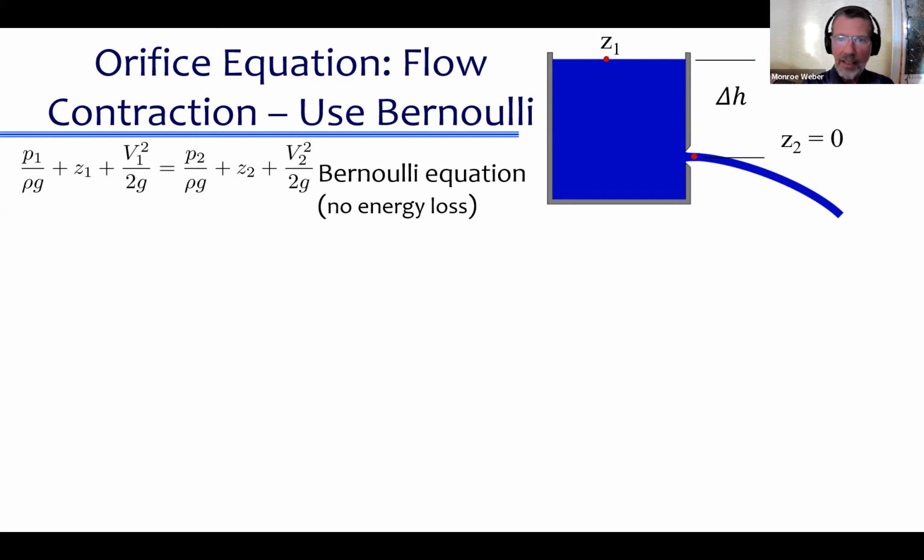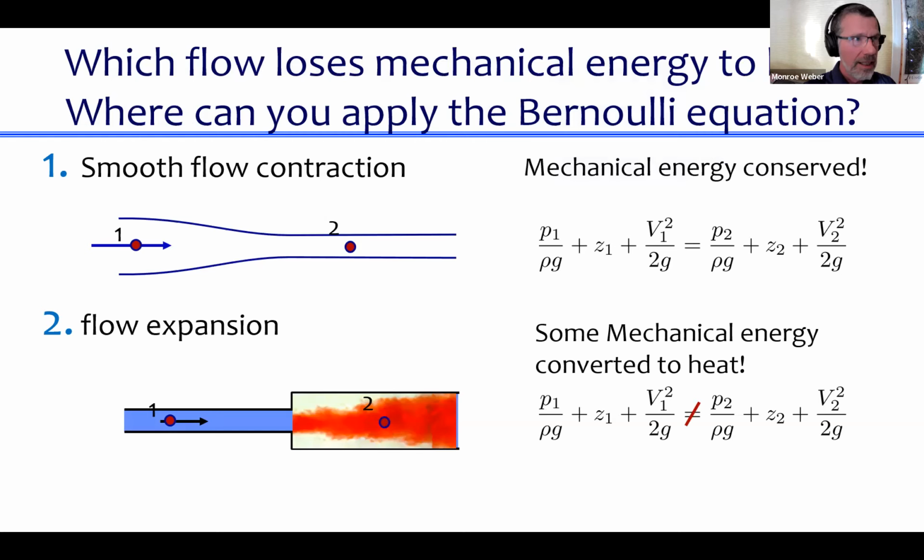We'd like to understand how much water comes out of a hole in the side of a bucket or in the bottom of a bucket. So we're going to figure this out using an equation that we're going to derive, that's the orifice equation, but we're going to use Bernoulli because in here, we notice that if there's a contraction of the flow, we can use the Bernoulli to track it.